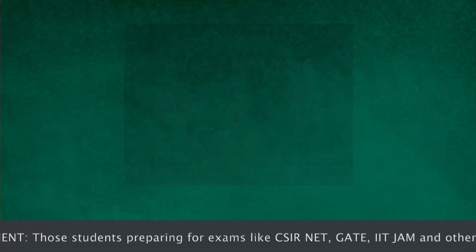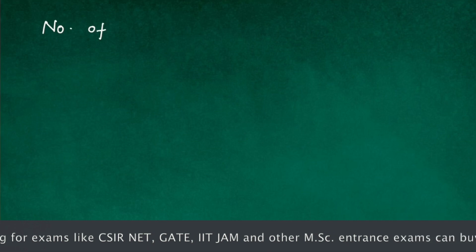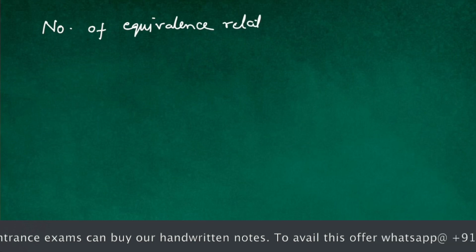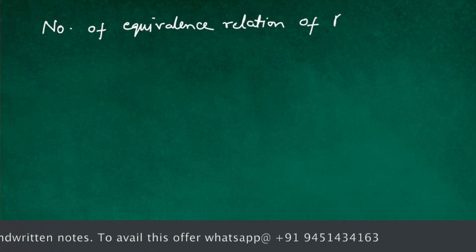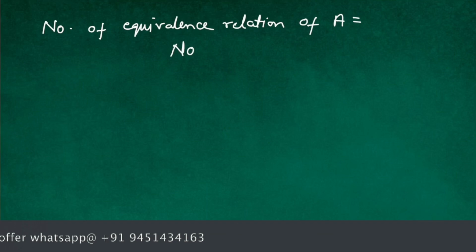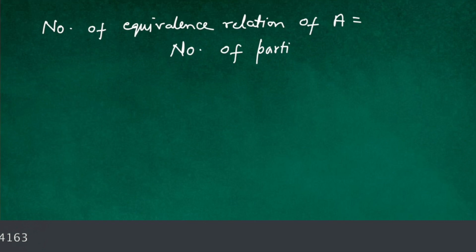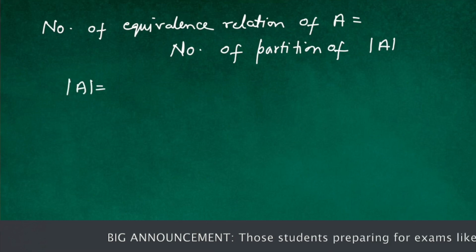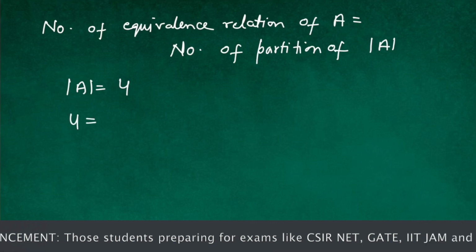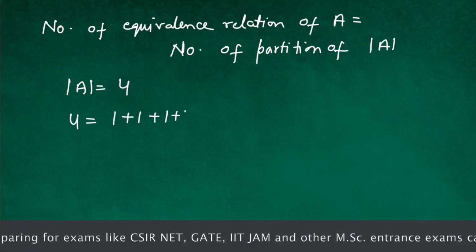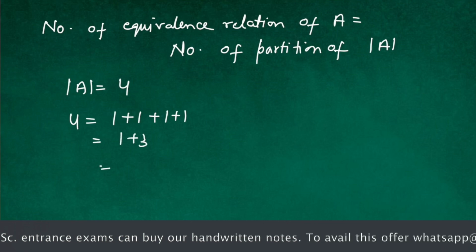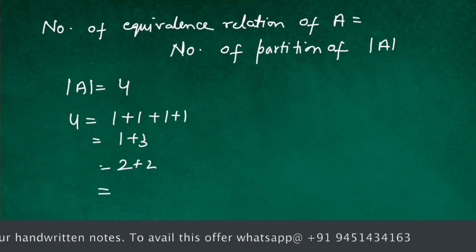So the number of equivalence relations on set A will be the number of partitions of the cardinality of A. Suppose the cardinality of set A is 4, then partitions of 4 will be 1 plus 1 plus 1 plus 1, and it can also be 1 plus 3, it can also be 2 plus 2, and it can also be 4 plus 0.